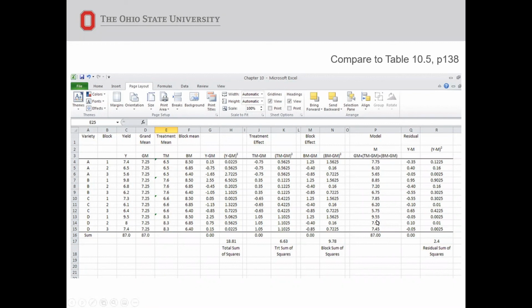We can calculate these modeled values. The residuals are the difference between the actual observed values and the modeled values. These are the residuals. Of course, these total to 0. And we square those. The sum of the squared deviations we term the residual sum of squares.